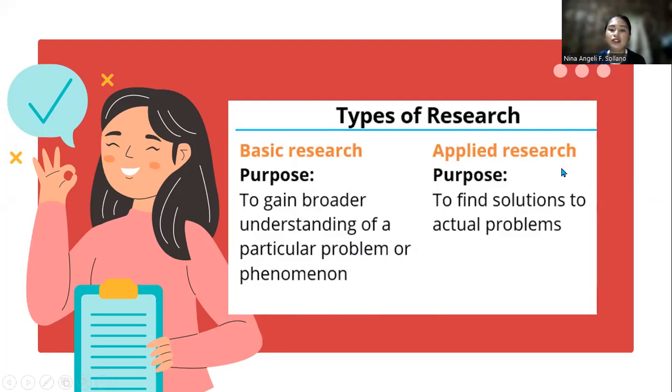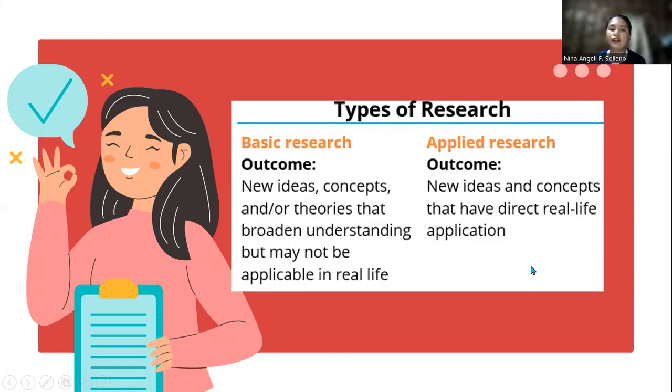Unlike applied research, its purpose is to find solutions to actual problems. The outcome of basic research may be new ideas, concepts, or more on theories, because again, it is just to have a wide range of understanding. And by that, it may not be applicable in real life.